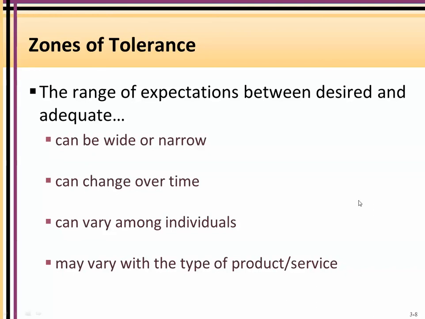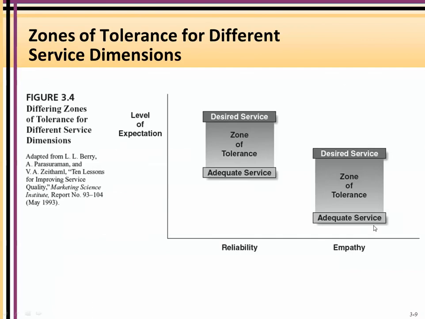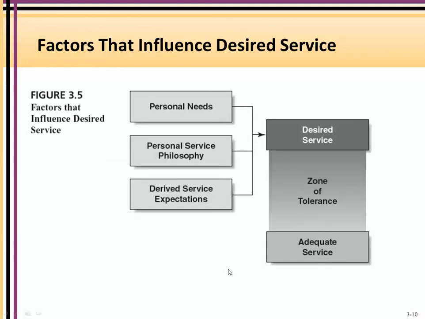This is why it might vary over time, and it also depends on the type of product and service. This graph in Figure 4 shows that depending on what element of service we're talking about, there could be different levels of expectation and different widths in the zone of tolerance between adequate and desired service.